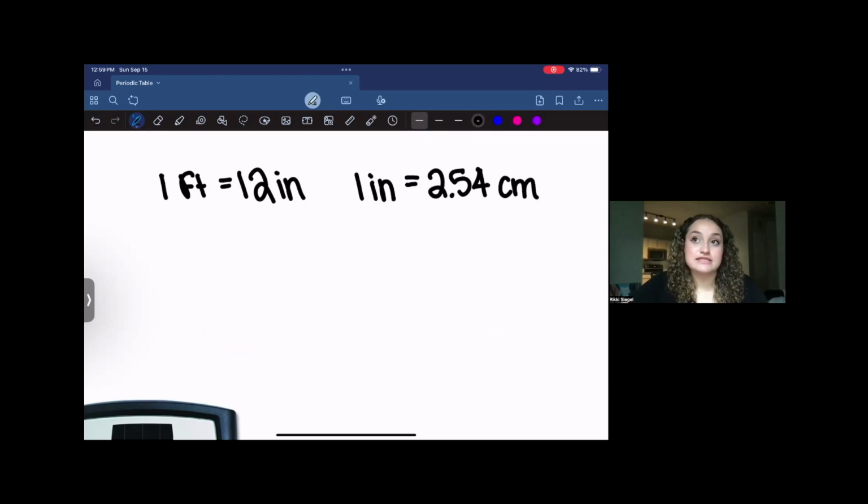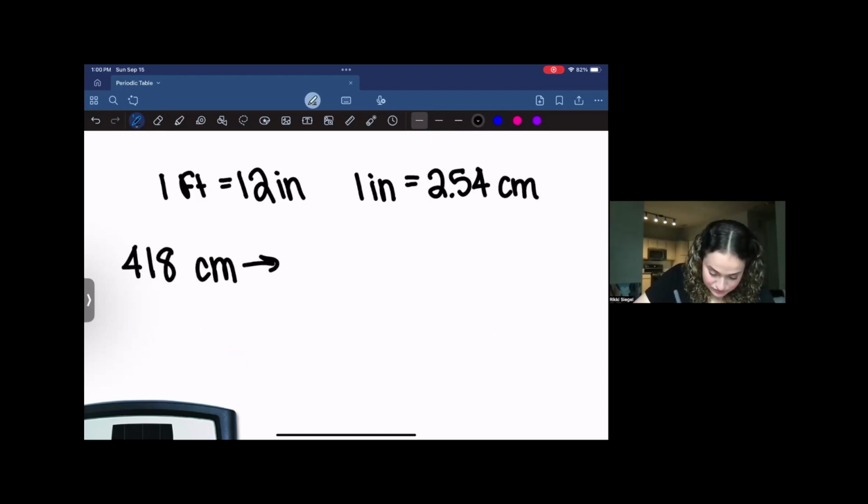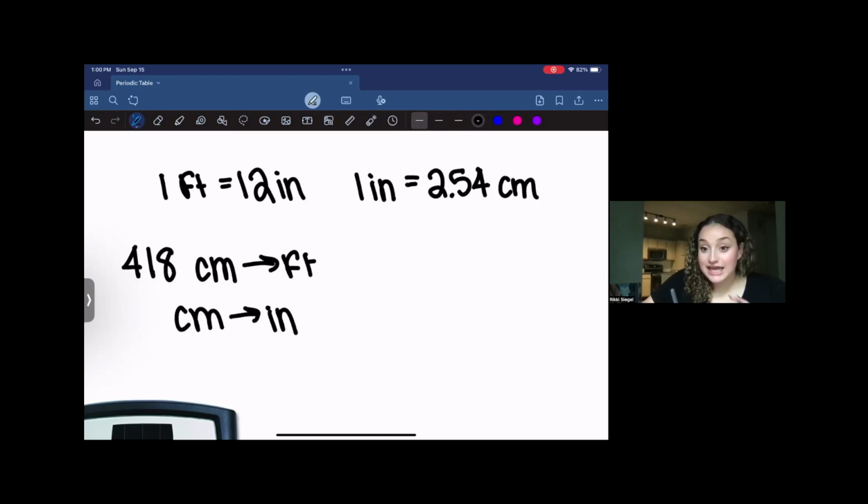If you are asked how many feet is 418 centimeters, there is no conversion to get us from centimeters to feet. However, we know how to go from centimeters to inches, and we know how to go from inches to feet.